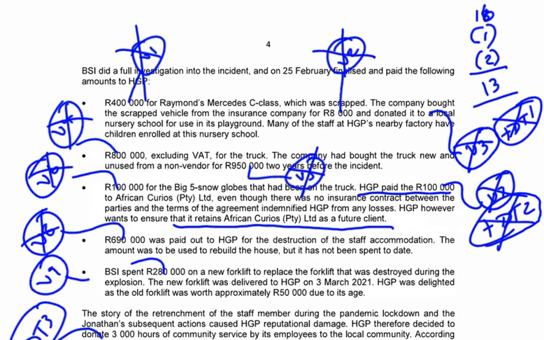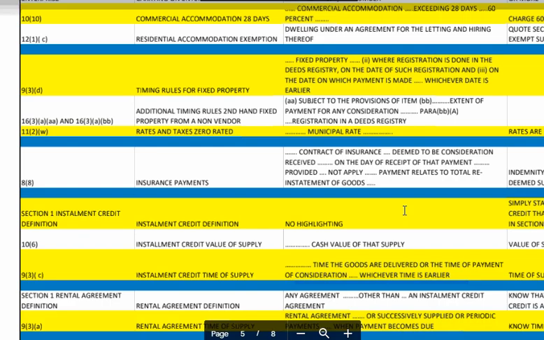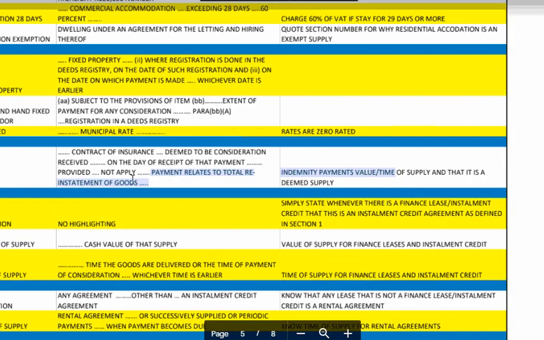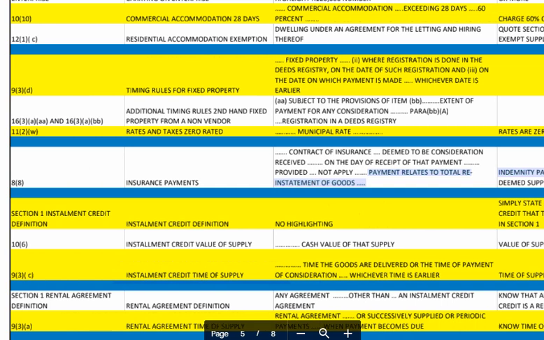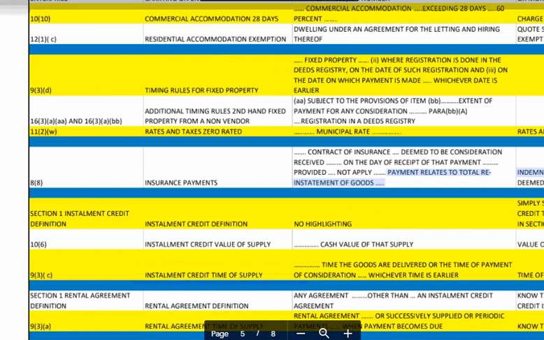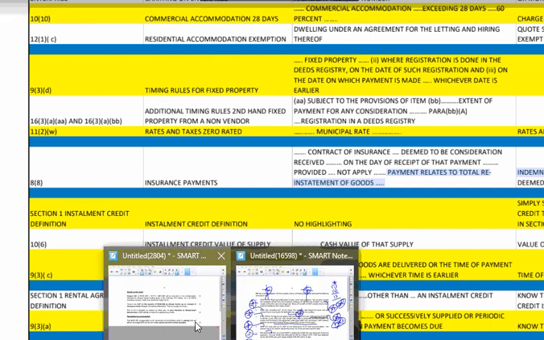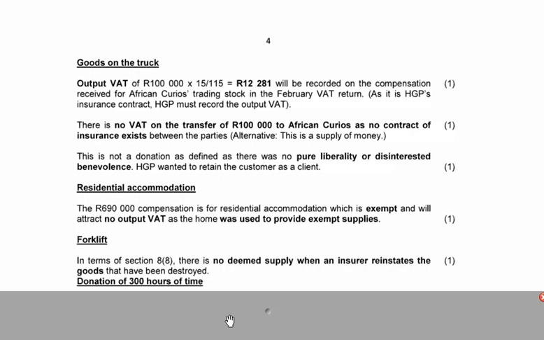We saw that as part of this. 8(8) will not apply when payment relates to total reinstatement of goods. Therefore, what's going to happen with this? There will be no VAT on the transaction itself. In terms of section 8(8), no deemed supply when insurance reinstates goods that have been destroyed. Next thing, guys, back to the question.